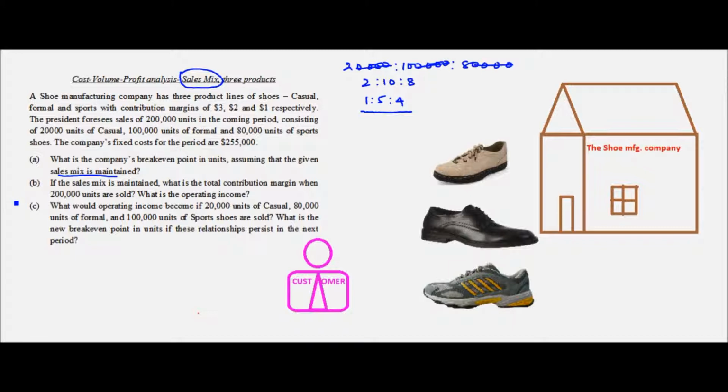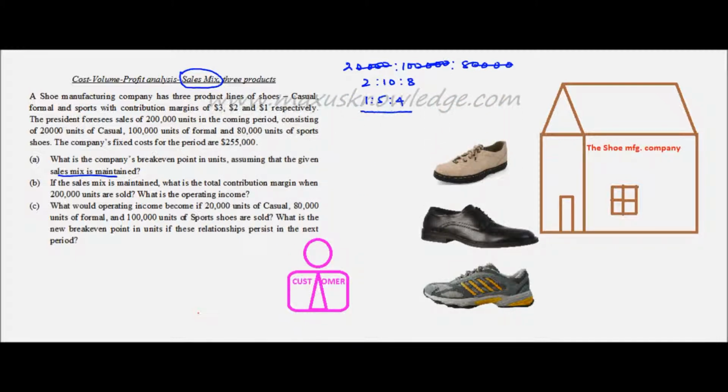What is the operating income? And C, what would operating income become if 20,000 units of casual, 80,000 units of formal, and 100,000 units of sports shoes are sold? What is the new break-even point in units if these relationships persist in the next period?